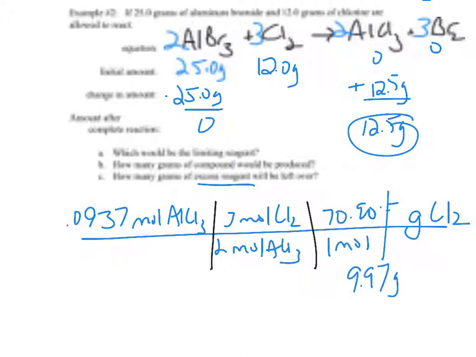So that's how much is going to be used. So if I go back up to my amounts table, minus the 9.97 grams, which will give me a total of 2.0 to sig fig.